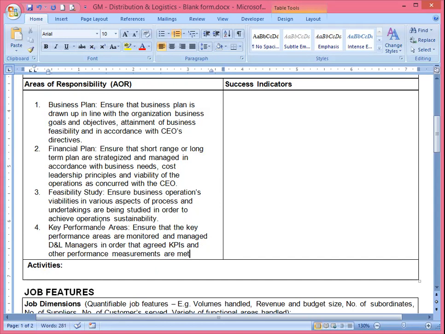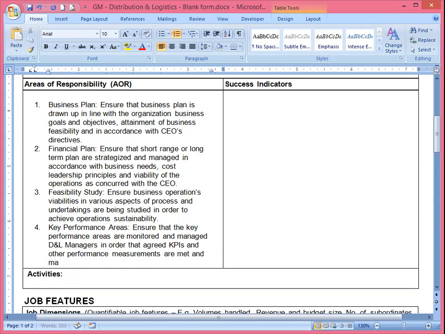Otherwise, common goals will not be achieved. Organizational goals will not be achieved if the DNL key performance areas are not met and maintained. It should be maintained also at the same time.